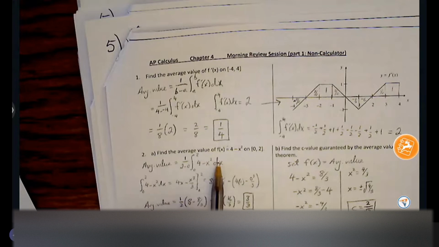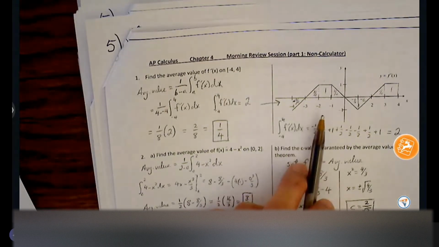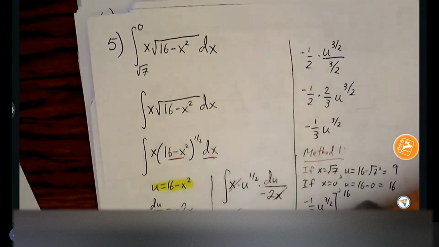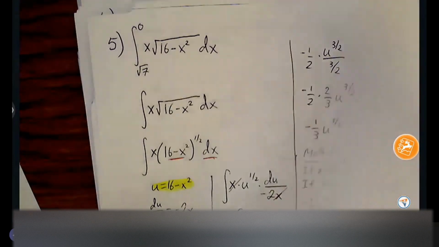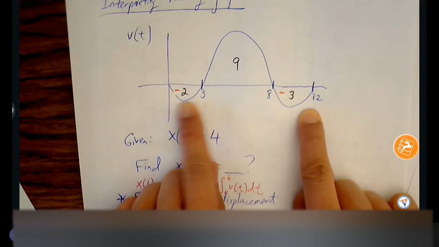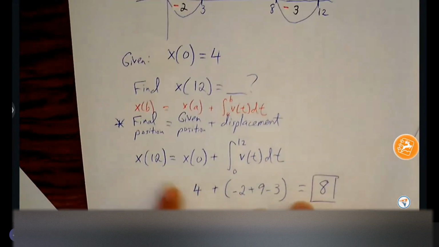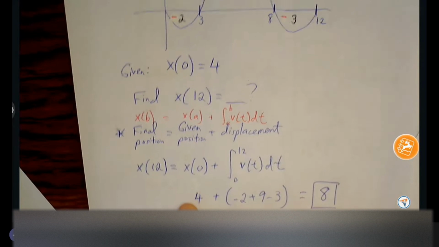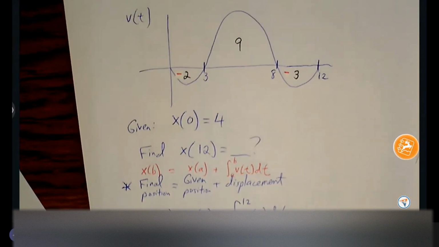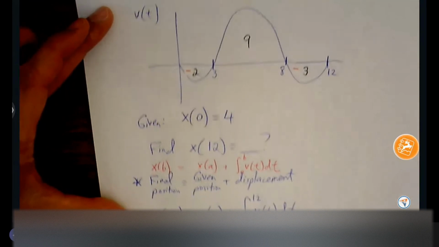Actually, the velocity graph is going to look more like this here. And then I'll ask you for final position. Oh, so it's like a short question? Yeah, it'll be a short question like this. Okay. Yeah, just this.